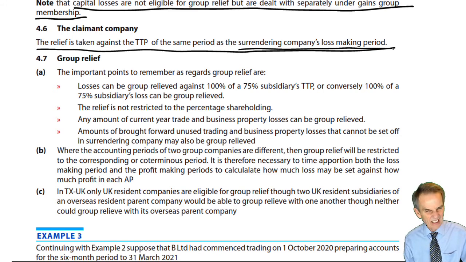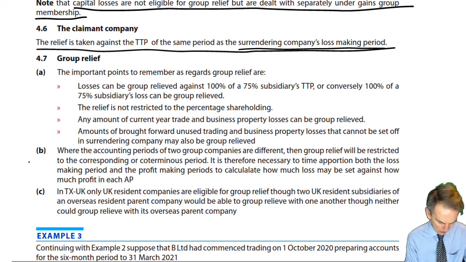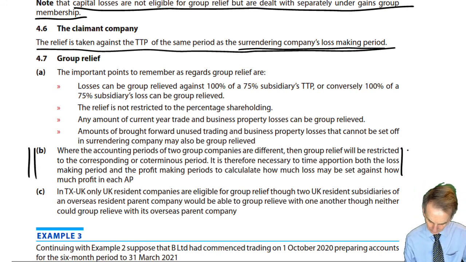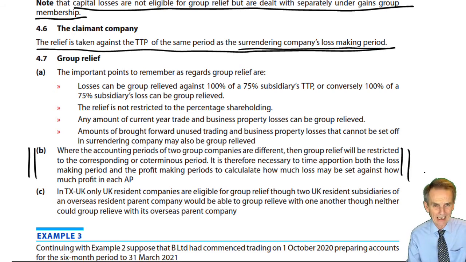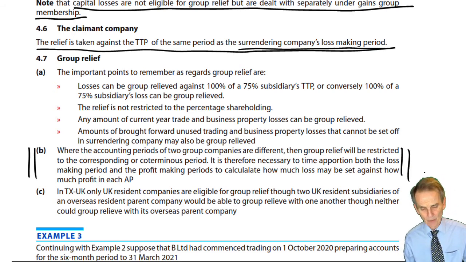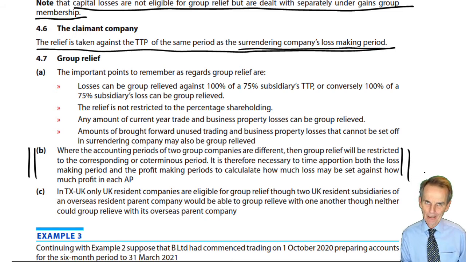Where we have different accounting periods, it would be unusual, but the point is made just here, and we'll be looking at it next time, that it is possible that we'll have companies in the same group, but for whatever reason one or more has a different accounting period to others. It's unlikely in real life, but it's quite likely in an exam question, at least in an objective testing question.